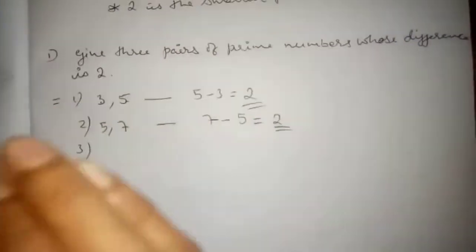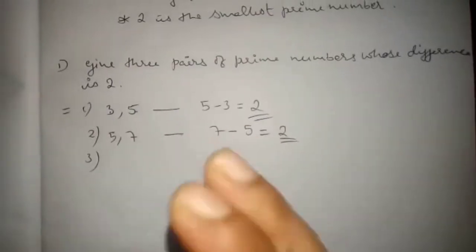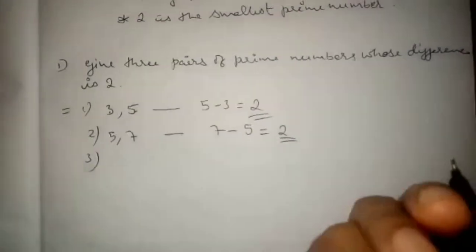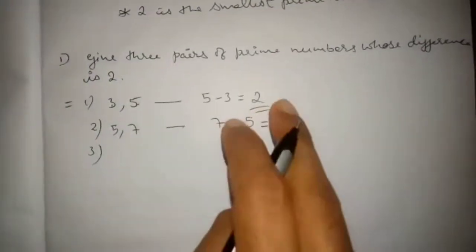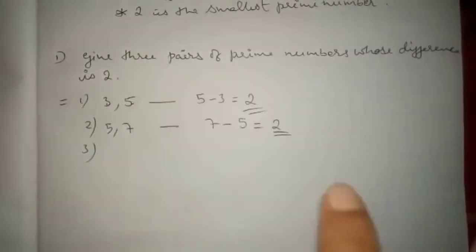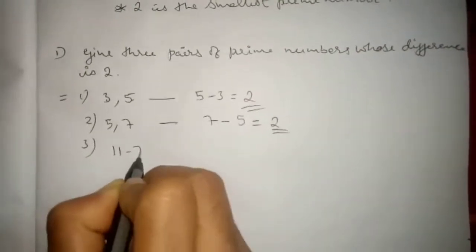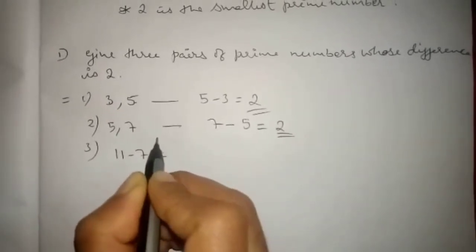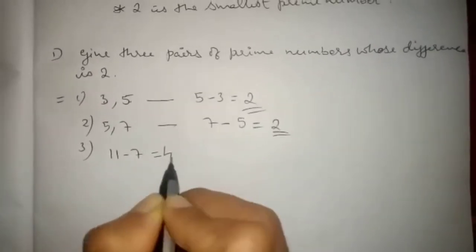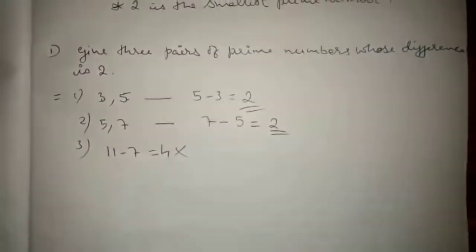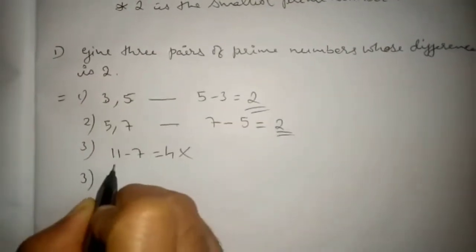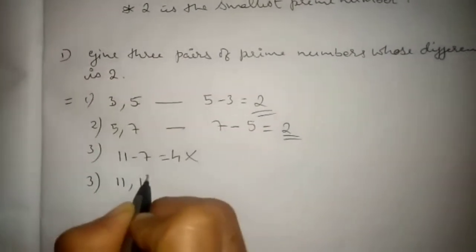Then after 7, 7 and 11 we cannot take. The difference is more than 2, right? When you do 11 minus 7, the difference is more than 2, so we cannot take that. We want the prime numbers whose difference should be 2 only. See, if you take 11 minus 7, what will you get? 4, right? So this is not what we want. So we'll take 11 and 13.